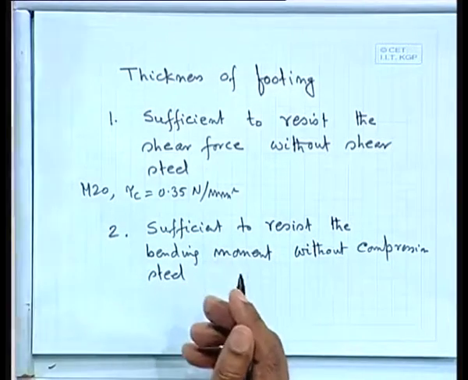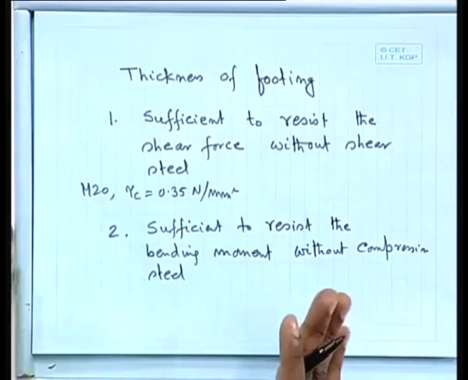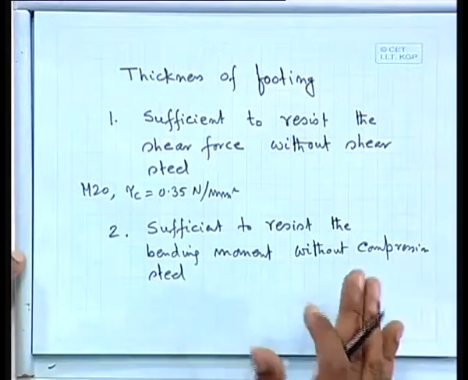So that means shear force without shear steel, that means there is no stirrup, and bending moment without compression steel, that means we are providing only the tensile steel. In footing we shall get the tensile steel at the bottom. So here we are without compression steel.